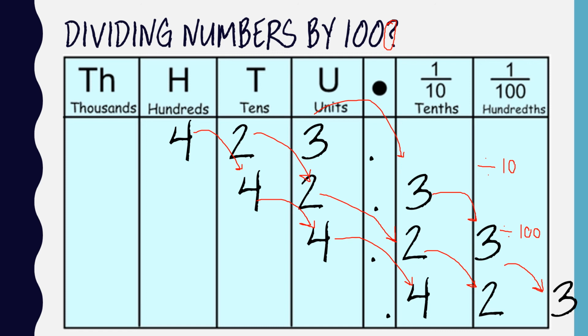We need to say we've got no ones left. And instead we've only got some tenths, hundredths and thousandths. So what do you think we need to put here to fill in that gap? We need to hold that place. So we're going to slot in a placeholder, put in a 0 to say that we've no longer got any whole numbers and instead we've only got tenths, hundredths and thousandths.